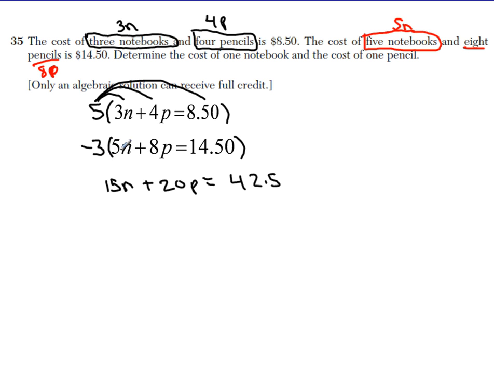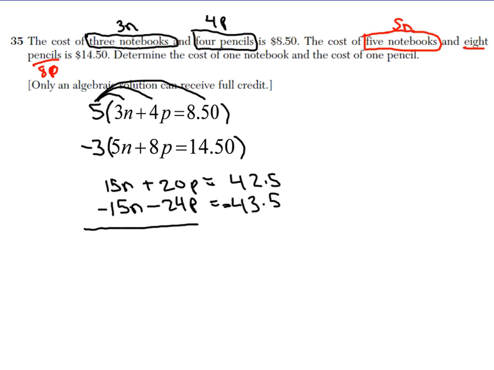Now here, negative 3 times 5n is going to give us negative 15n. Negative 3 times 8 is going to give us negative 24p. And negative 3 times 1450 is going to give us negative 4350. Negative times a positive.